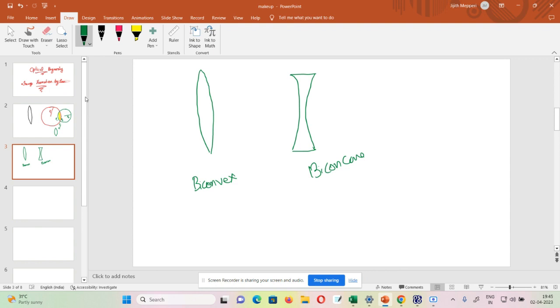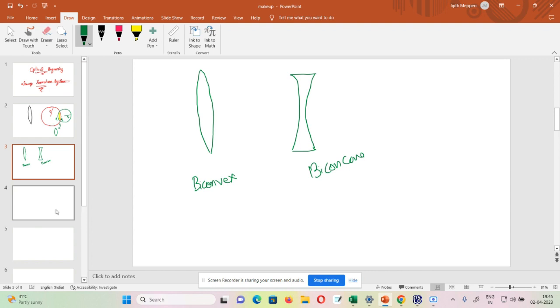These are the basic things which you people already know. We already know the focus of a convex lens and the focus of a concave lens, everything.